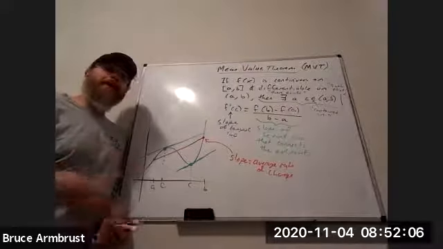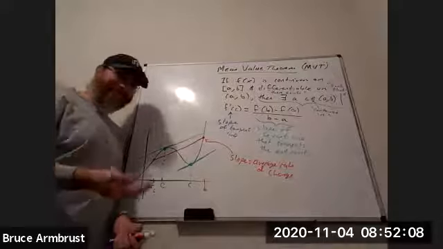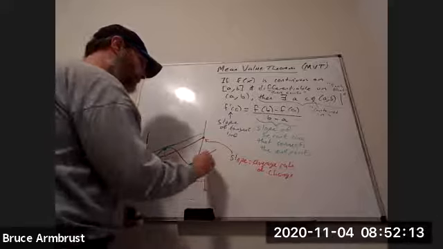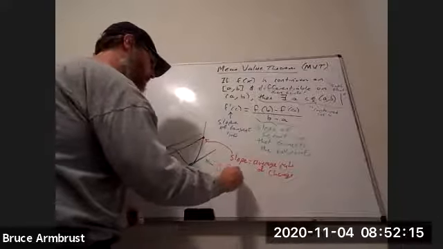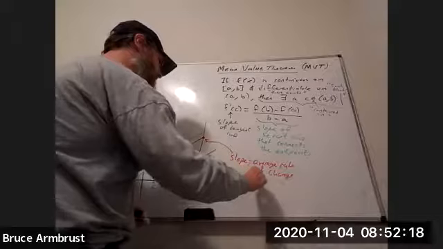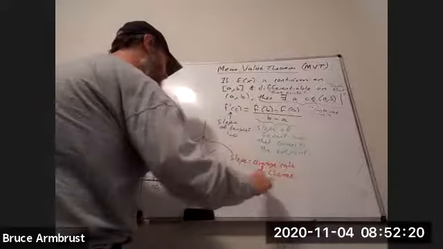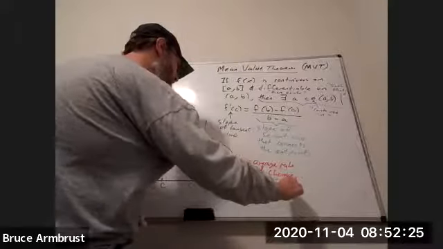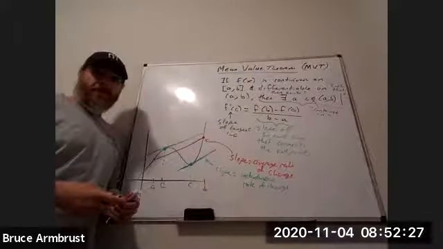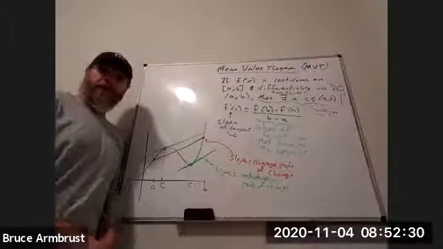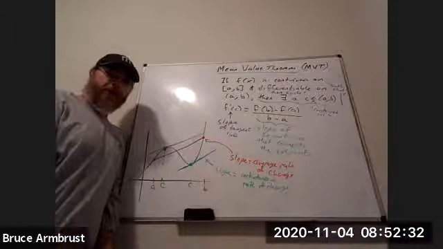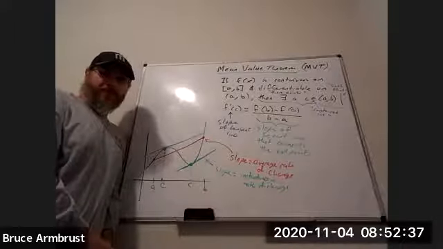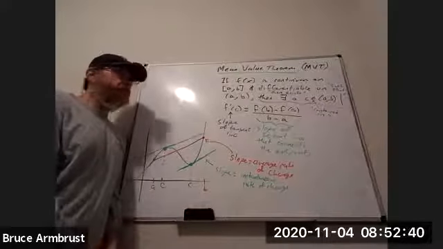But then we saw that derivatives gave us instantaneous rates of change. So if we take this green line, its slope is the instantaneous rate of change. So what the mean value theorem is saying is that somewhere in this interval, you are going to get an instantaneous rate of change that's equal to the average rate of change over the entire interval.